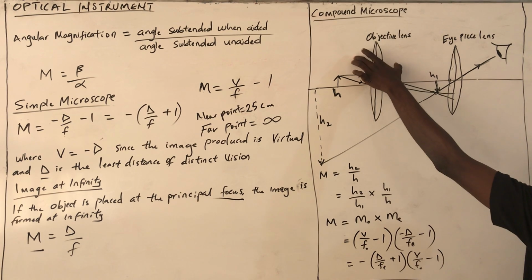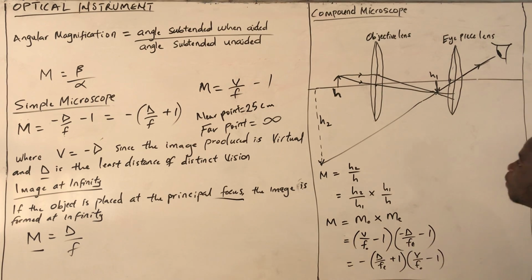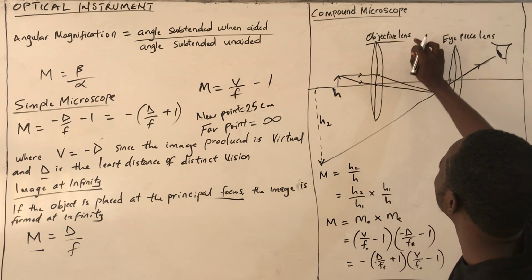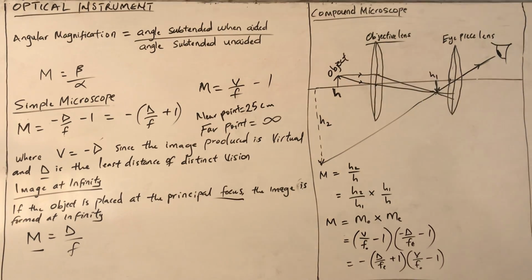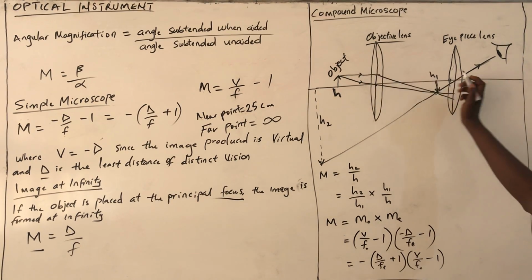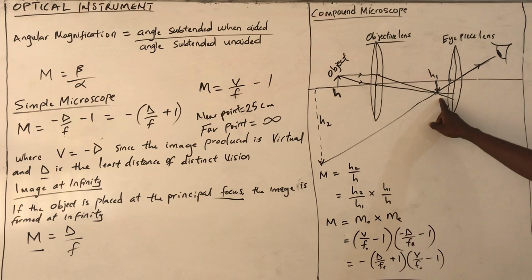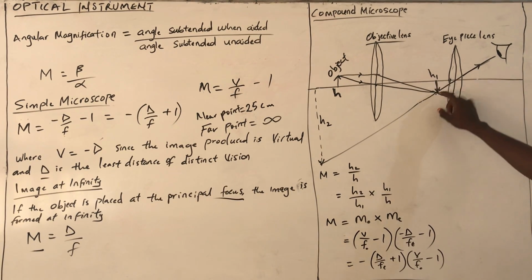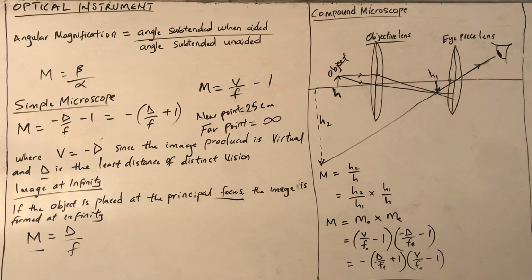The two lenses are the objective lens and the eyepiece. The objective lens is the lens that is closer to the object. So this objective lens will produce an image, which we call the height of the image H1. This is real and inverted.